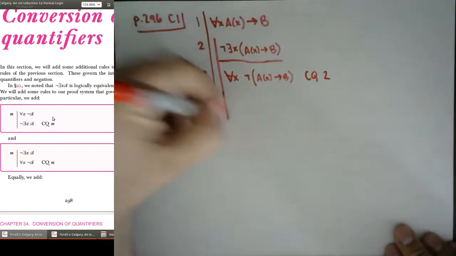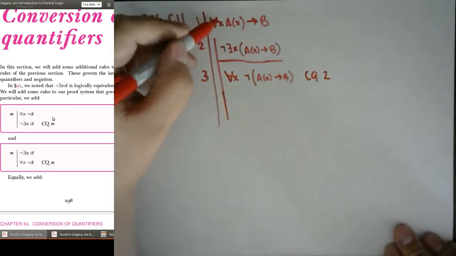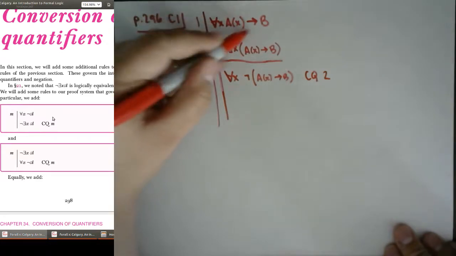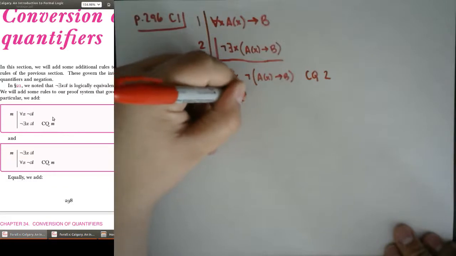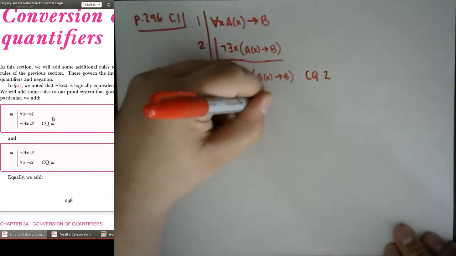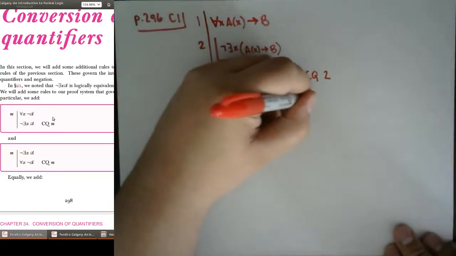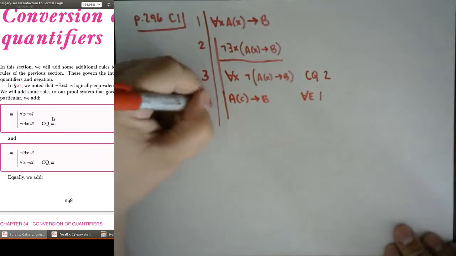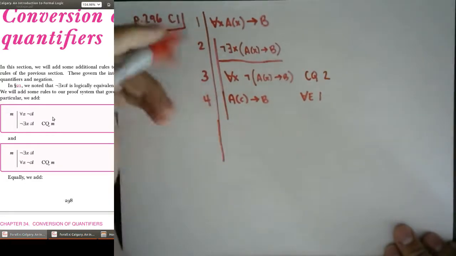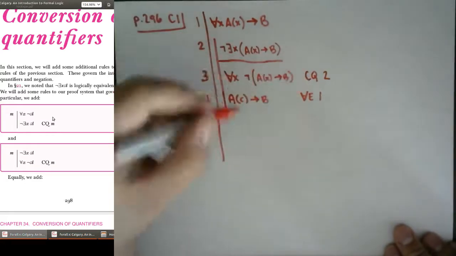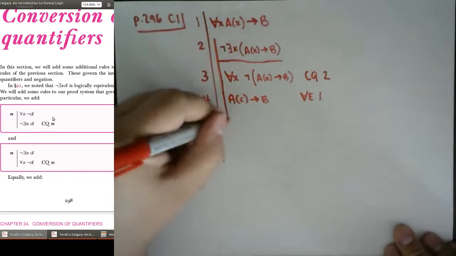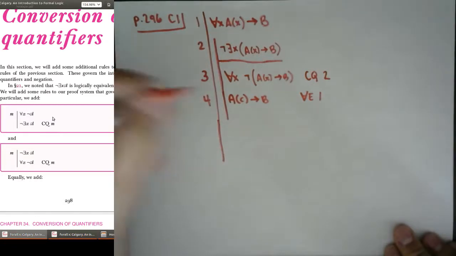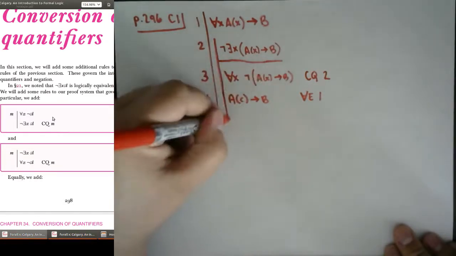Now I can use universal elimination on line 1, and I'll pick some constant, maybe little c, and say I can get Ac implies B. That's universal elimination on line 1. In a normal semester I probably wouldn't let us use CQ, but nothing about this is normal during the virus, so let's just bend the rules a little bit and allow us to use CQ.